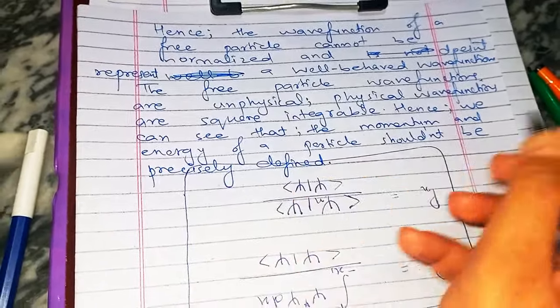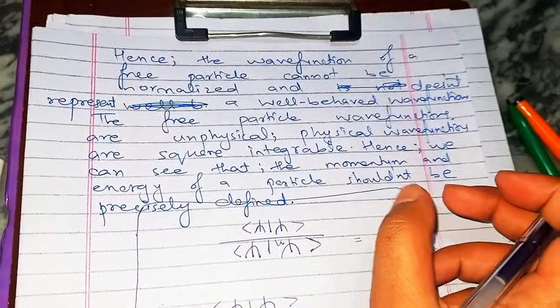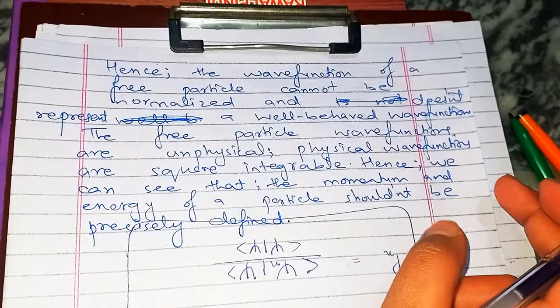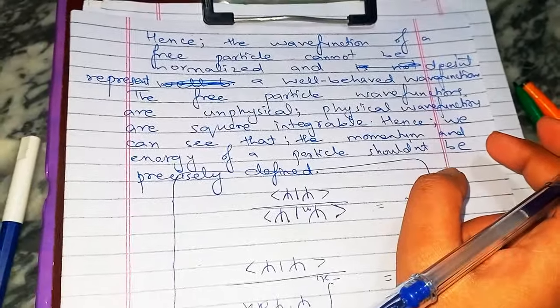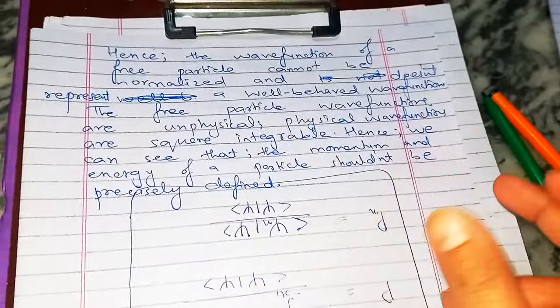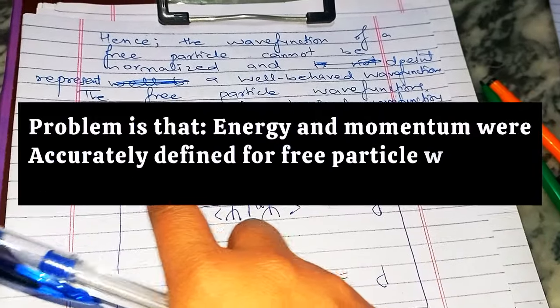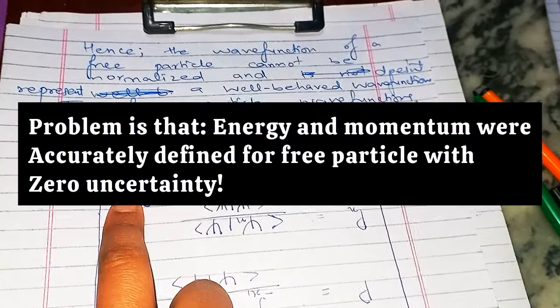We can see that the problem that we cannot normalize the free particle wave function, and the problem that it's unphysical, they all root back to the fact that the energy and the momentum were accurately defined.